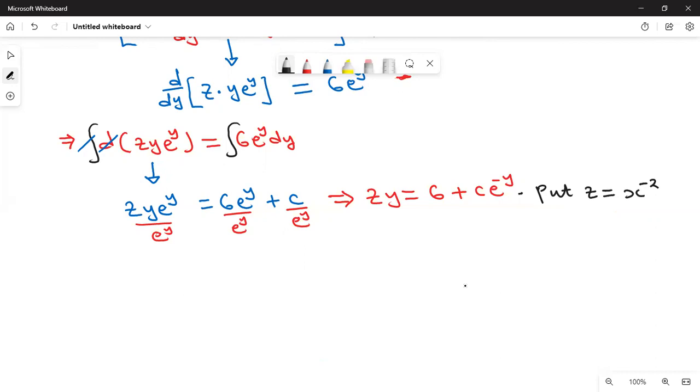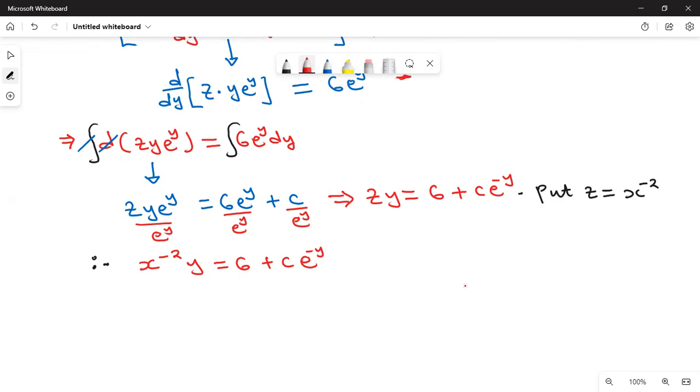You can write therefore, instead of z, we are going to write x raised to negative 2. So we'll have x raised to negative 2 times y is equals to 6 plus c times exponential negative y.